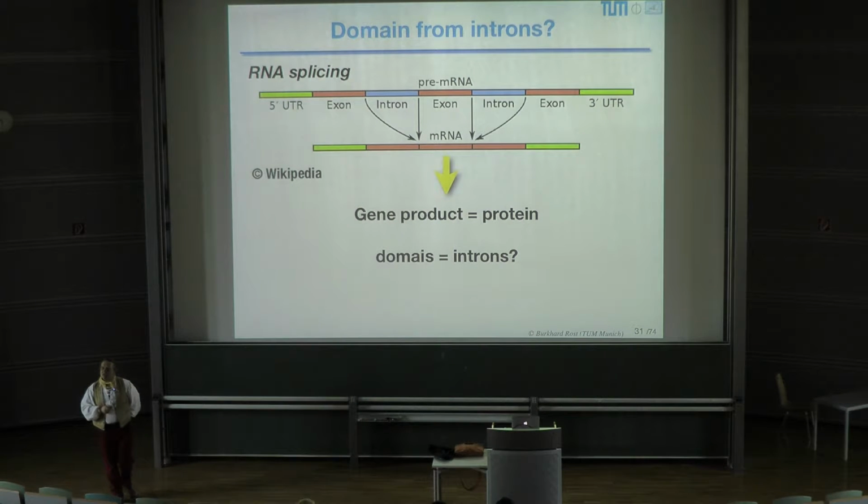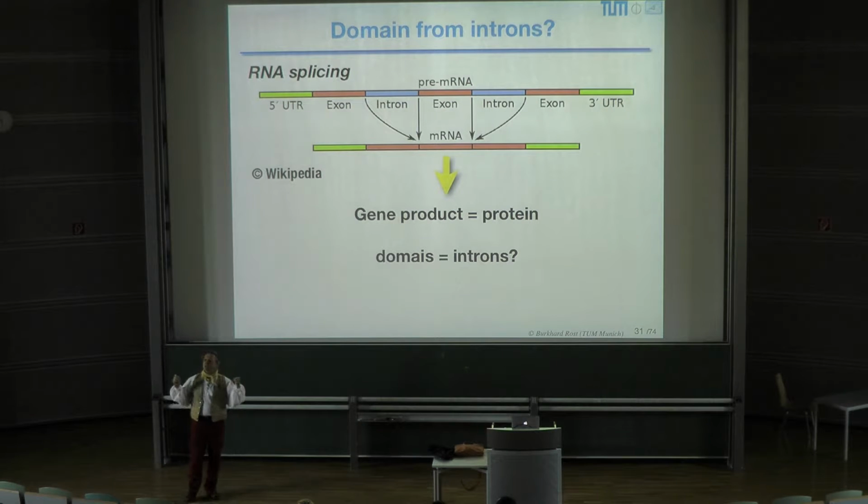One very early suspicion that people had was that one exon, so one continuous region in the gene that will be transcribed and then translated to a protein, corresponds to a protein domain. So the idea was that evolution has already imprinted the module of a domain on the DNA.